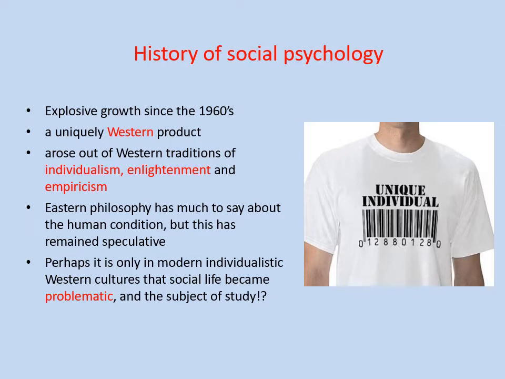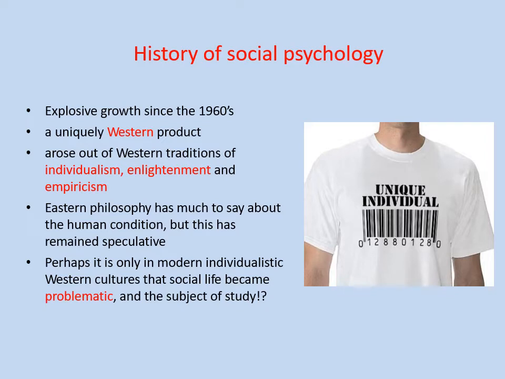It's important to note that the science of social psychology is a uniquely Western product. It's the product of Western civilization. No other civilization has led to the development of scientific social psychology. And there is a reason for that. It is the Western traditions of individualism, enlightenment, empiricism, and rationalism which combine to the establishment of the social sciences in general and social psychology in particular.